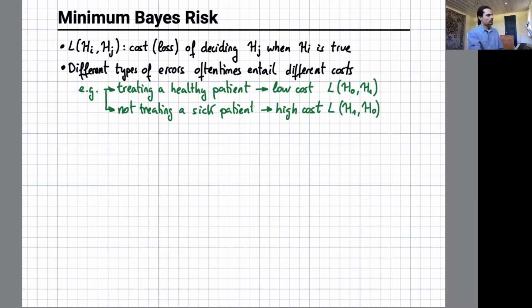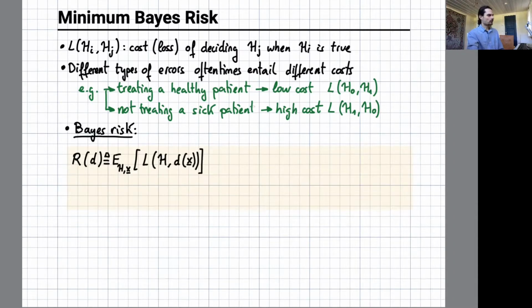With such a definition, it is natural to introduce this performance metric, which is called the Bayes risk, and is just the expectation of this loss, right? So note that this expectation runs across realizations of the data, but also across hypotheses, right?